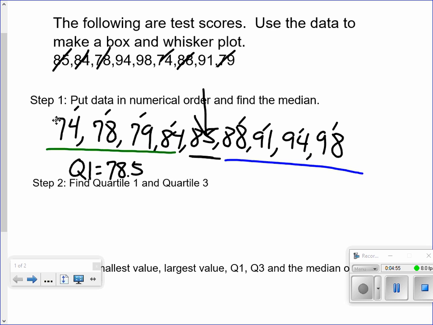Well, what's Q3 then? We got 88, 91, 94, and 98. We got to go 91 and 94. We know it's not 92. What is it? 92.5?